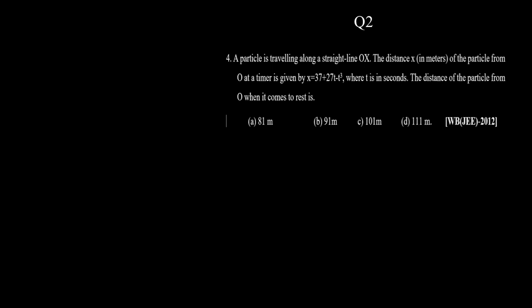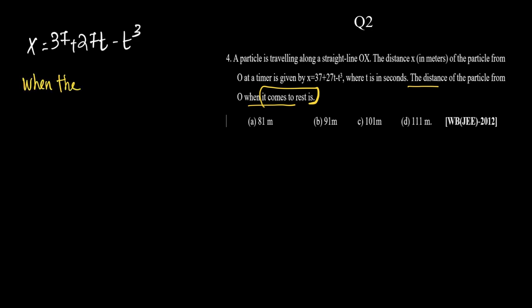Okay, so coming on to the question, what's given is x is equal to 37 plus 27t minus t cube. Distance of the particle when it comes to rest is being asked. See, when the object comes to rest, what happens?